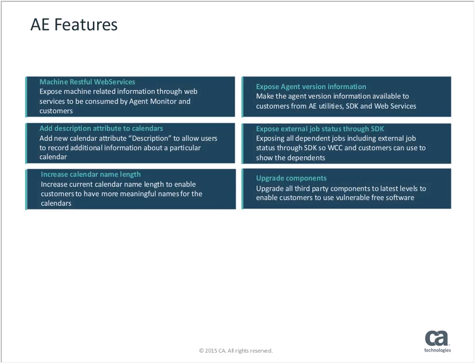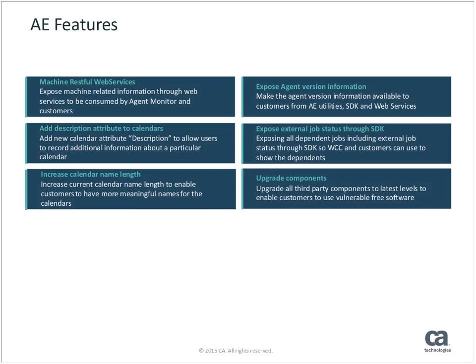So these are the features that we delivered in SP2. The theme of this release was to enable the agent monitor product. Basically for that, we are providing machine RESTful web services. Basically it shows machine-related information.